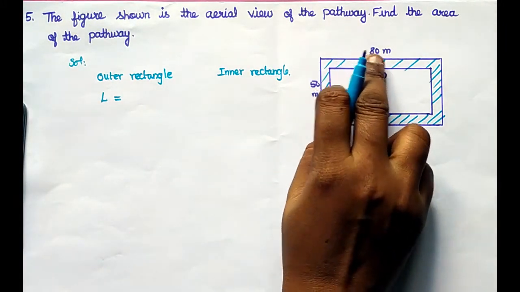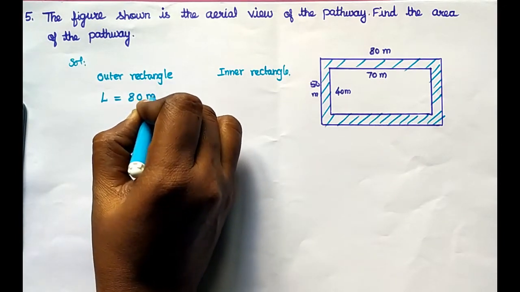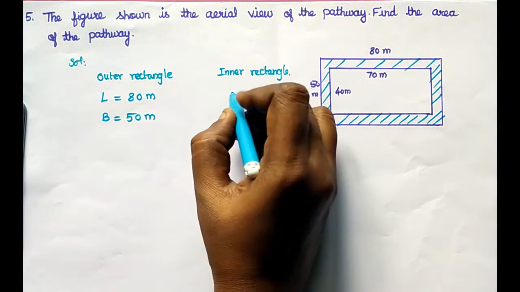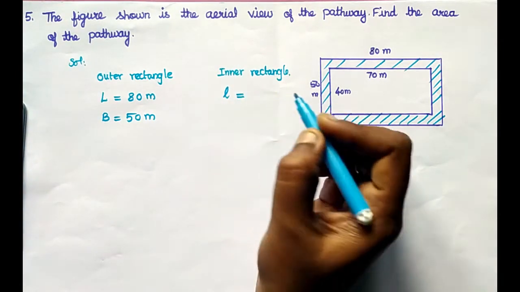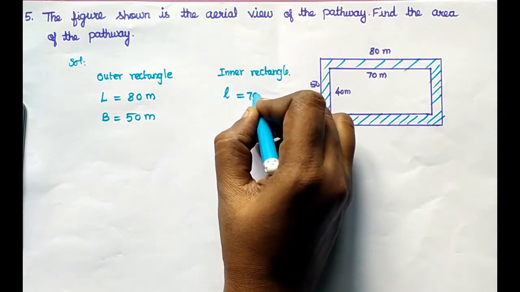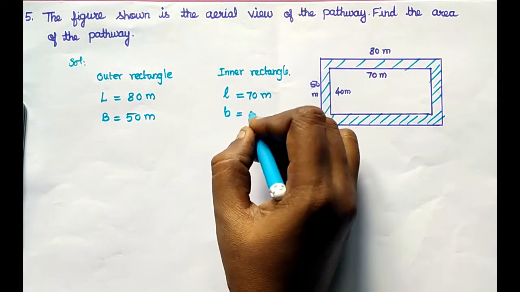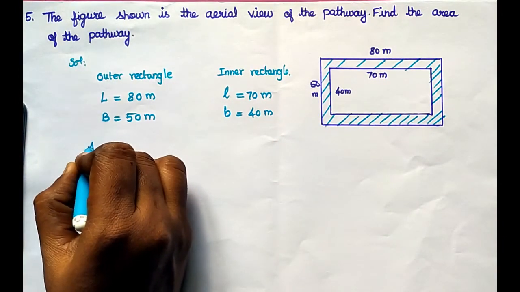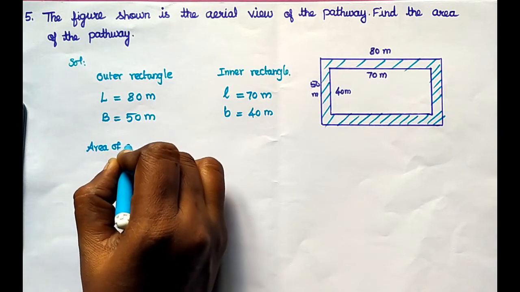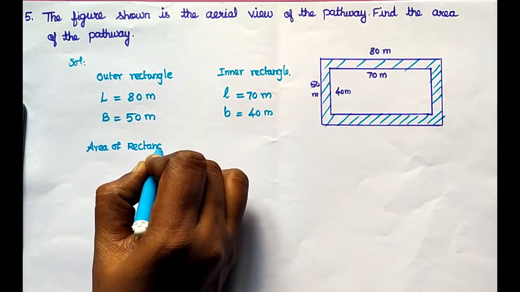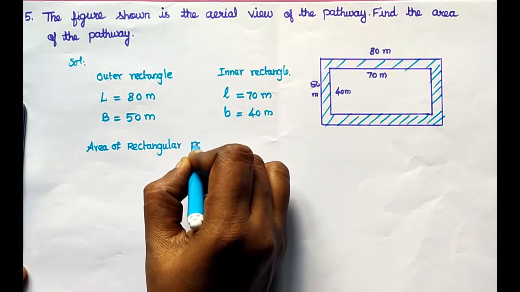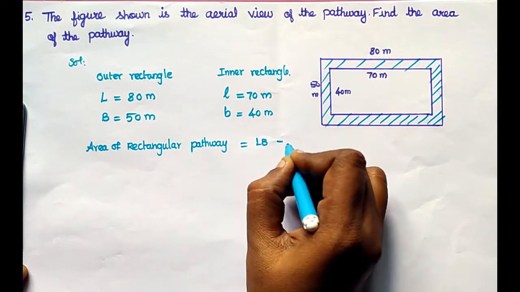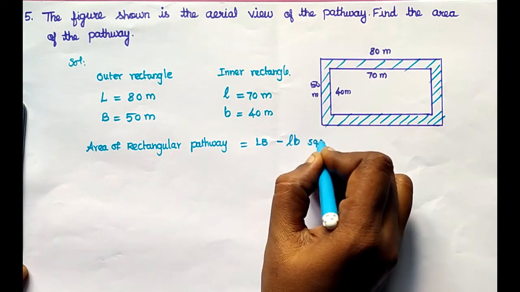So outer rectangle length is 80 meter and breadth is 50 meter, and inner rectangle small l, 70 meter length and breadth is equal to 40 meter. Now area of rectangular pathway. Area of rectangular pathway is equal to LB minus lb square unit.